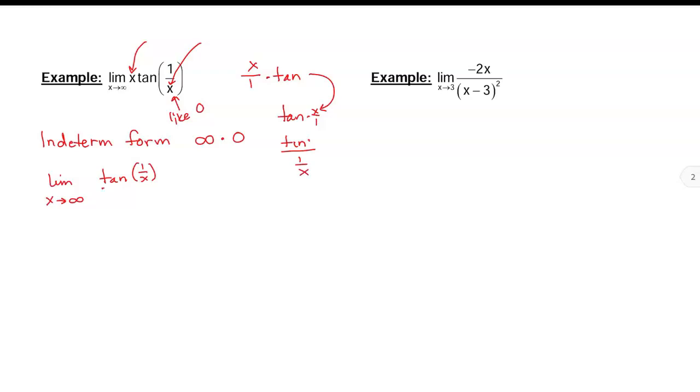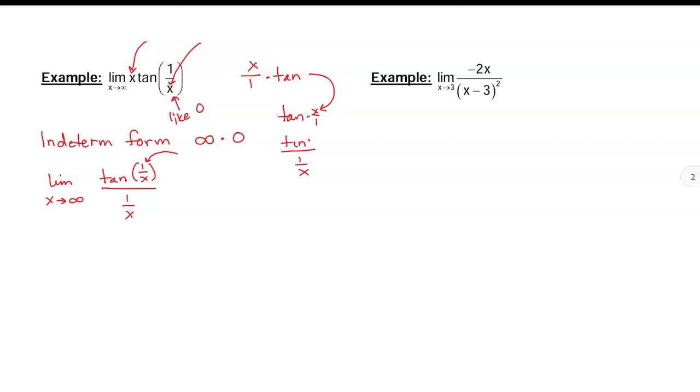So I'm going to rewrite this as tangent of 1 over x over 1 over x. Now when I evaluate with infinity, I end up getting a 0 over 0 indeterminate form. So remember, when I think of x as a very large number, each of these fractions is going to approach 0.